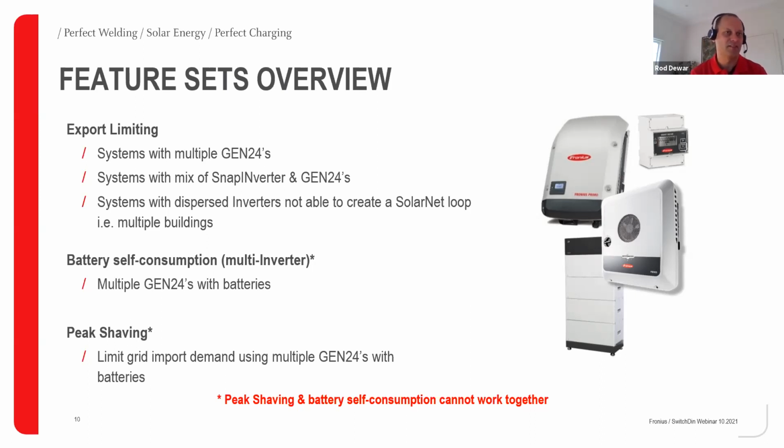If you have just a Snap inverter and a Gen 24, so you only have one Gen 24 and there's no export limiting, then again, you wouldn't need it in that case. And then your peak shaving. That's often more for commercial systems, which will entail multiple Gen 24 inverters with a battery on each one, and that's where it would come in as well.